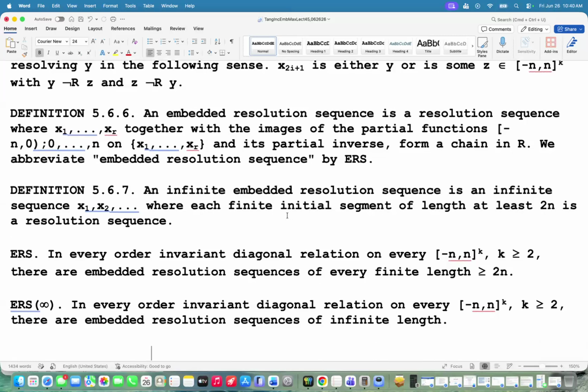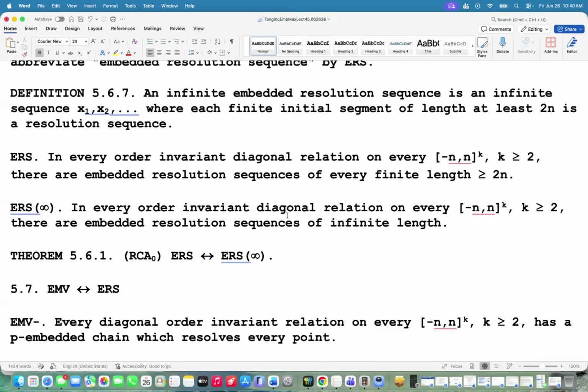Now, how do you show that ERS is the same as ERS infinity? This is a straightforward weak Koenig's lemma argument. All of these finite resolution sequences form a tree under extension.